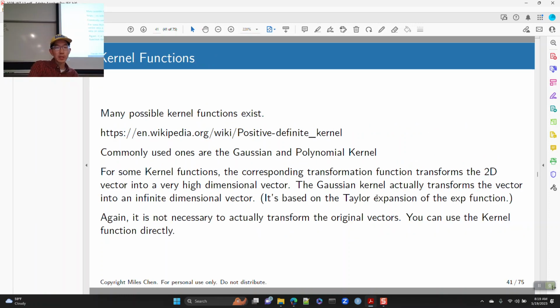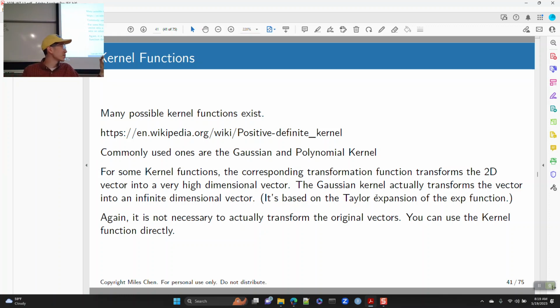With something like the Gaussian kernel, or your radial basis function kernel, the transformation function will take your 2D point, or your point in D dimensions, and technically transform it into a vector of infinite length.